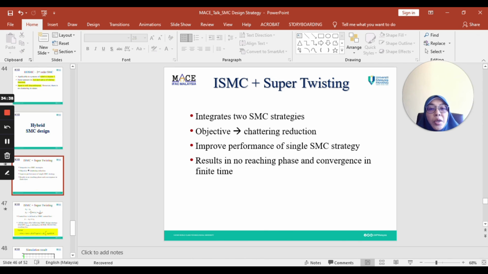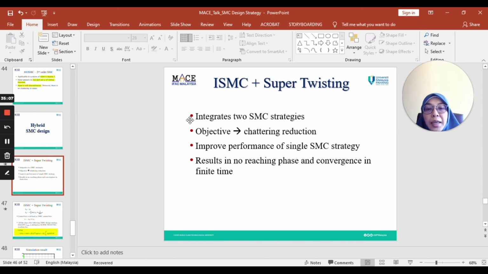It depends on what we want to design, what are the strategies that we want to use for our controller. So in this case, I'll show two SMC strategies being integrated, which is ISMC and super twisting.